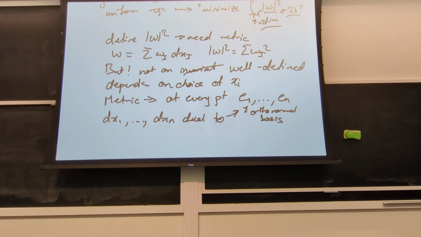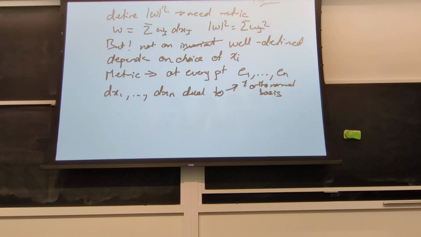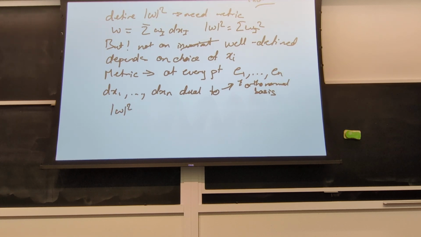So what we're saying is that these dx's in particular measure things of length 1. So now we're going to say that omega squared is equal to the sum of omega_i squared with respect to these forms, which depends on the metric g.